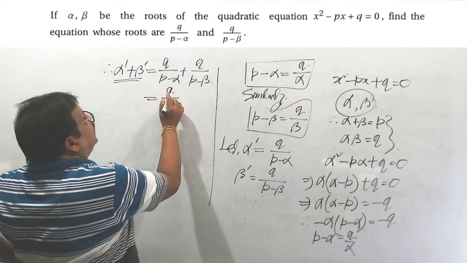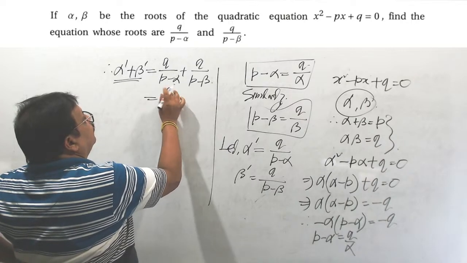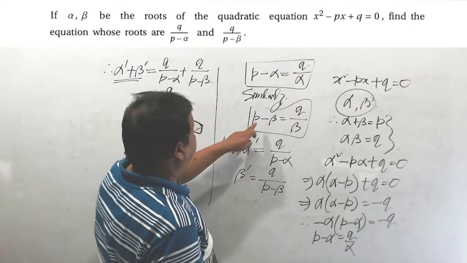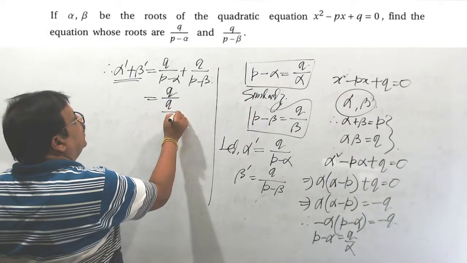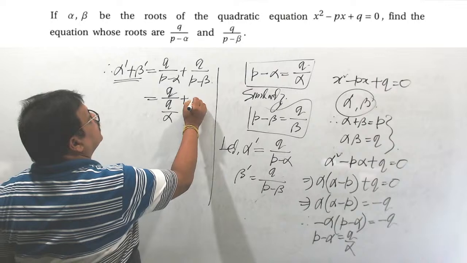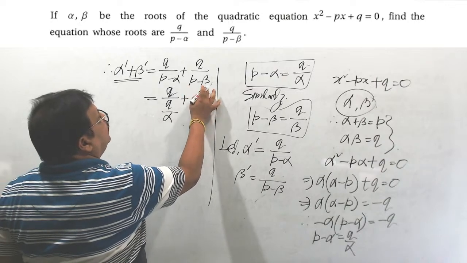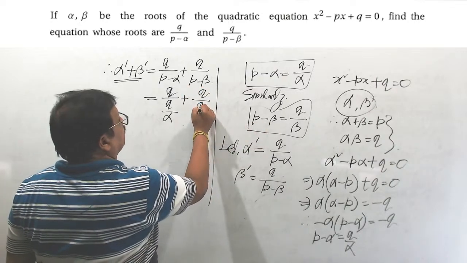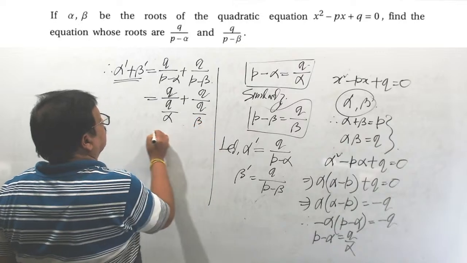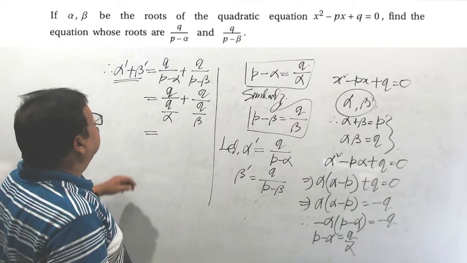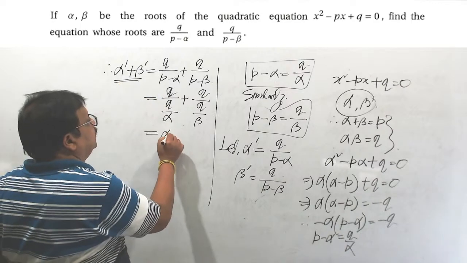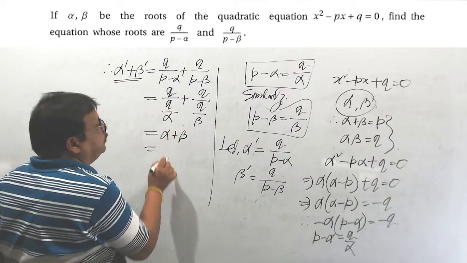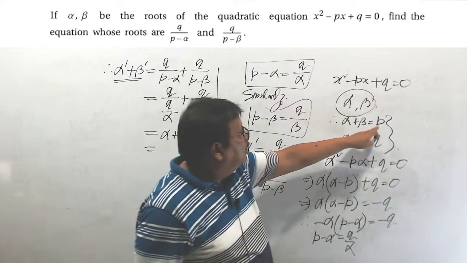Q by what is the value of p minus alpha? p minus alpha is equal to q by alpha. So q by alpha plus q by p minus beta, q by beta. That means what? Q cancel, alpha plus beta. Alpha plus beta is equal to what? p.